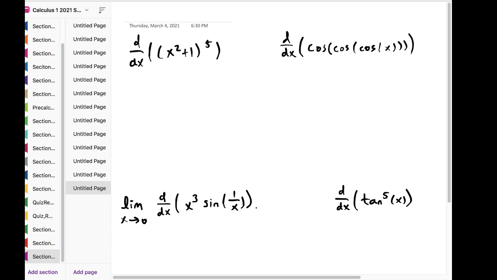So after the chain rule, we're done with all the derivatives that we know how to do. From here on out, it's all application. So it's very easy to come up with your own practice problems. Just every combination you can think of.